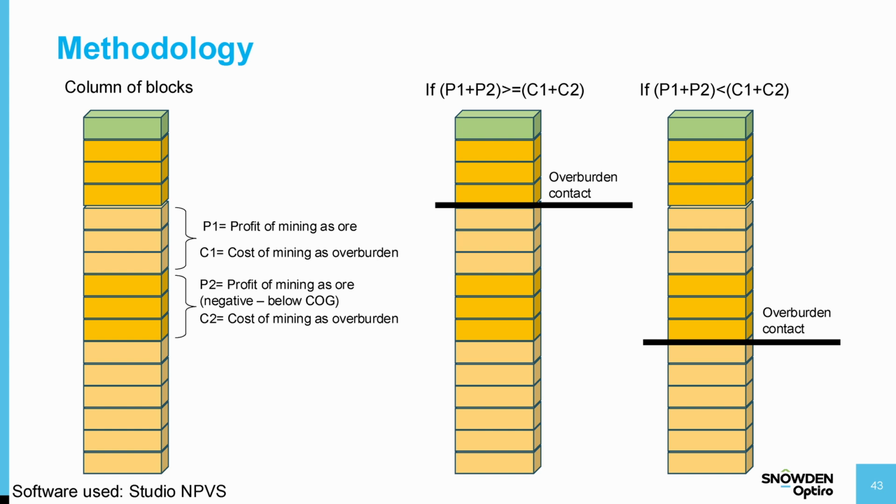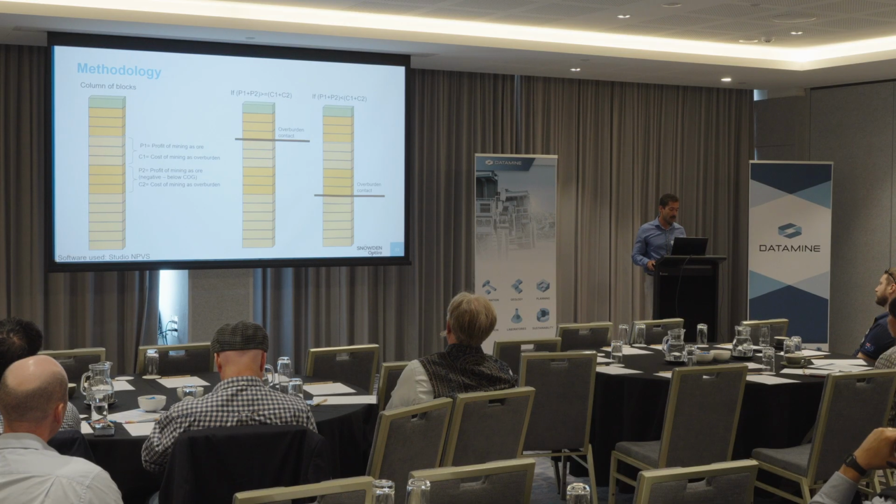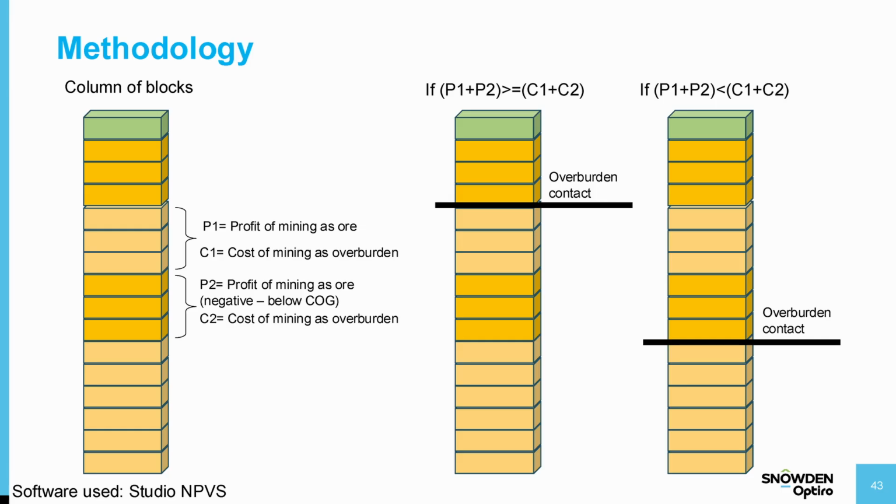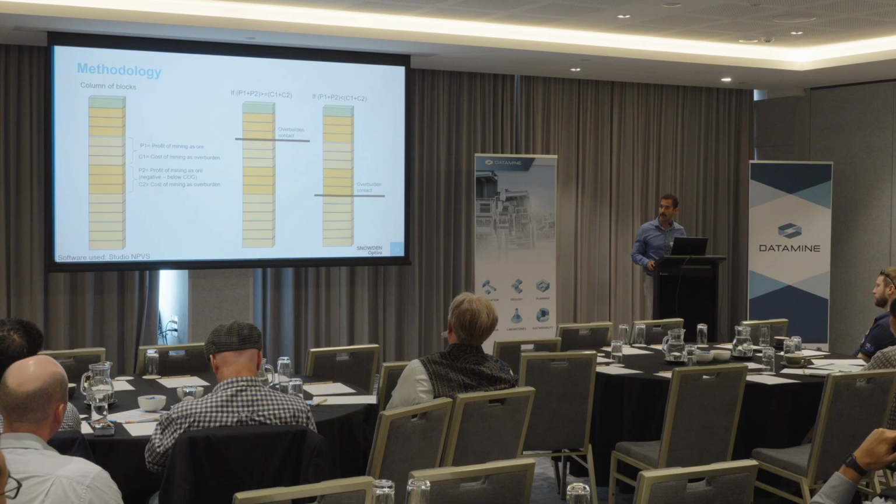So we have the profit to mine that portion as ore and the cost to mine that portion as waste. As well as the second section, where we have the profit to mine that waste material as ore, which of course will be a negative profit, and we have the cost to mine that waste material as waste.